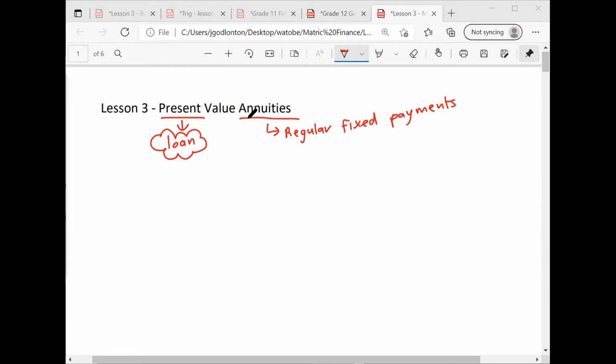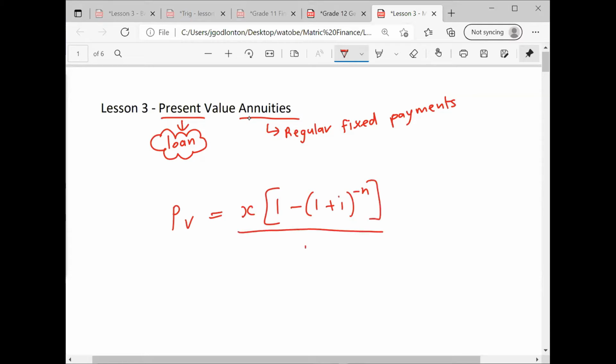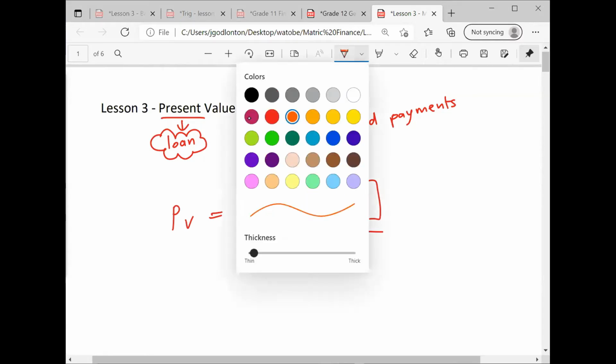So our present value is equal to X times (1 minus (1 plus i) to the power of negative n) all over i. These are letters that we spoke about in our lesson last week.